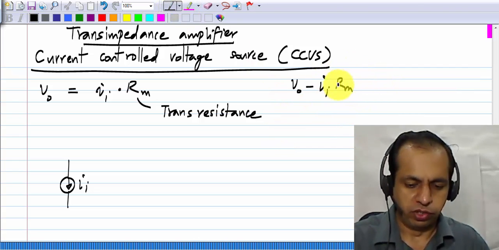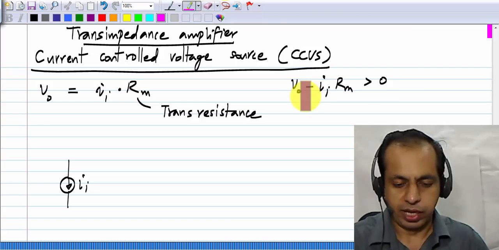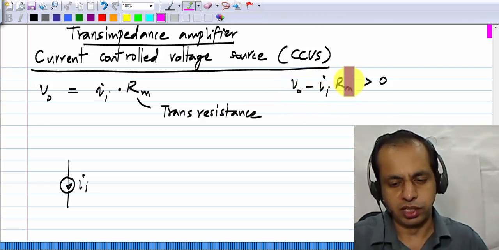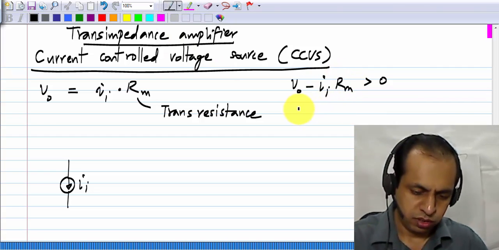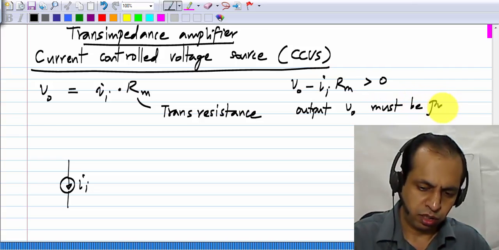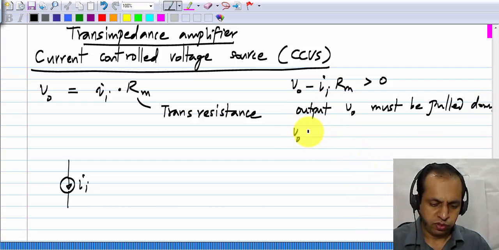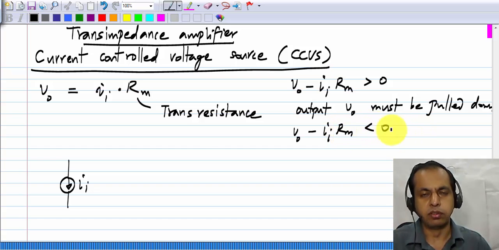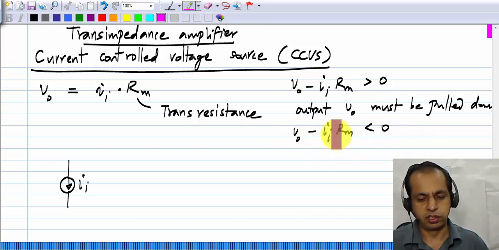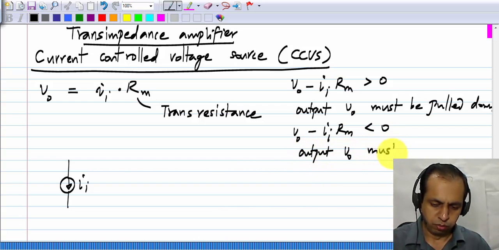So if V0 minus IIRM is greater than 0, then that means that the actual output V0 is more than the desired output IIRM. The output V0 must be pulled down. And if V0 minus IIRM is less than 0, that is, the actual output is smaller than the desired output IIRM, then the output V0 must be pushed up.